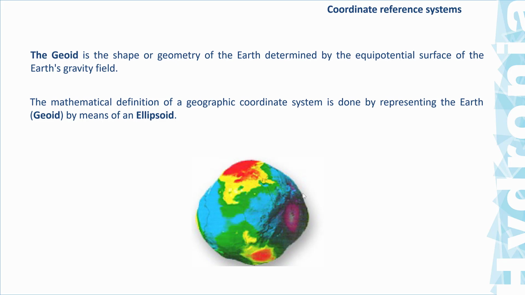On the other hand, we have a mathematical definition of the geographic coordinate system that is done by representing the Earth, that is the geoid, by means of an ellipsoid. The ellipsoid is another form, but it's a mathematical form.